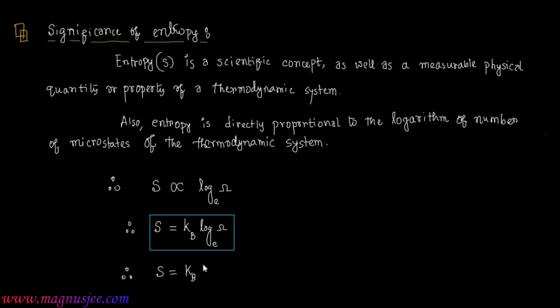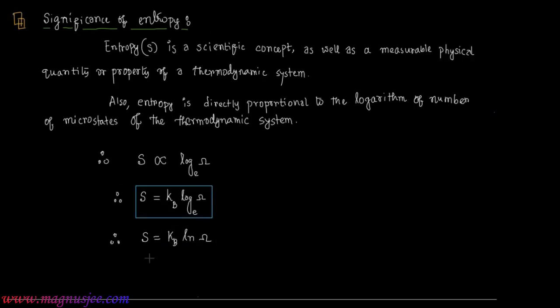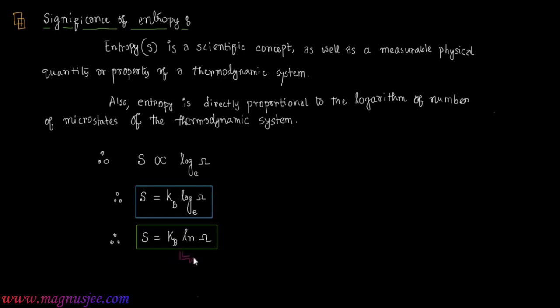Therefore, S is equal to kB ln omega. Ln is equivalent to log base e. Entropy S is numerically equal to the product of Boltzmann constant kB and the logarithm of the number of microstates.